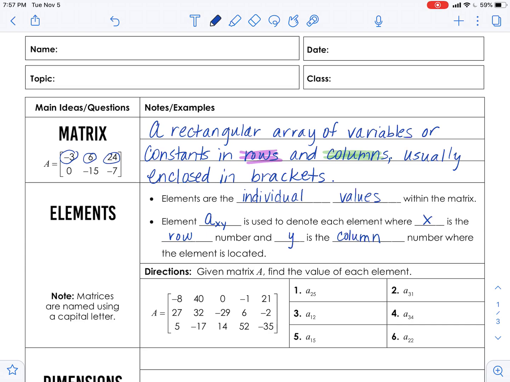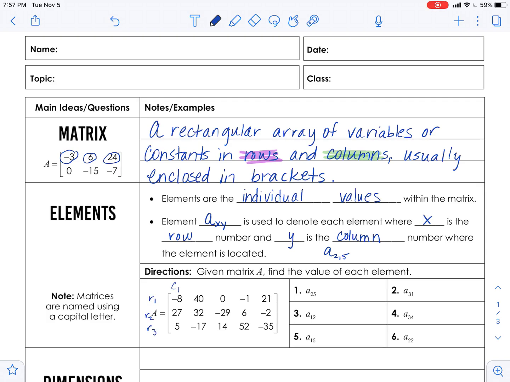If you have a25, now that doesn't mean 25. What you'll see me do a lot, because I think it makes more sense to me, is put a comma between it. Technically there's no comma there, it's just 2 and 5. So that would mean row 2, column 5. So this would be row 1, row 2, row 3.